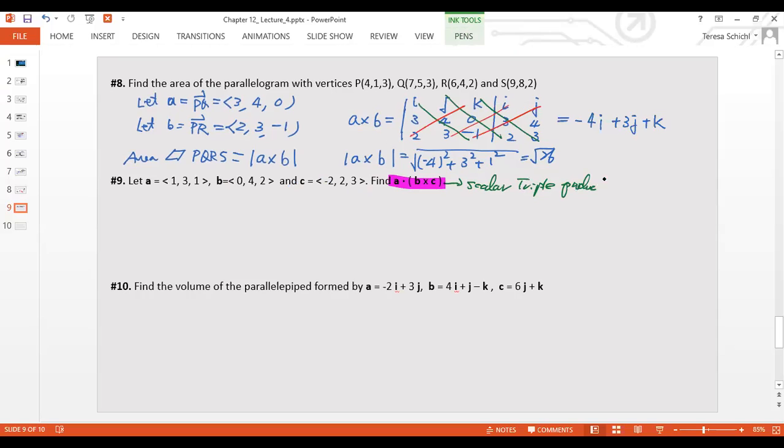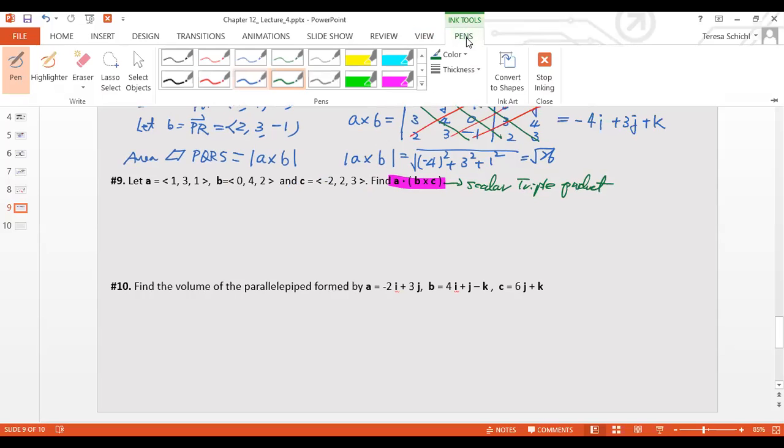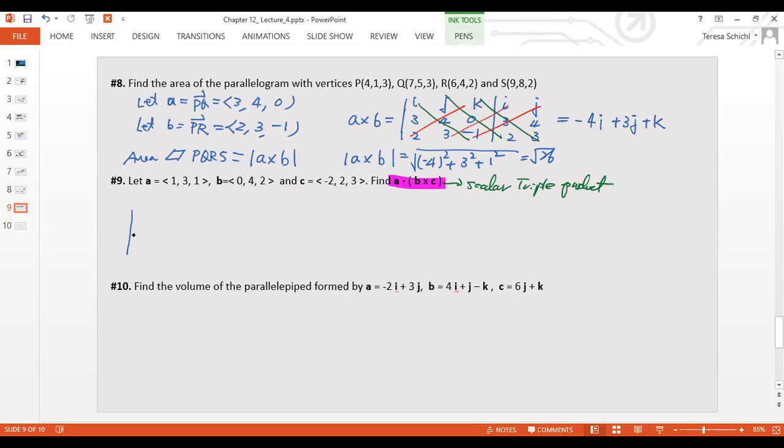So you put 1, 3, 1, 0, 4, 2, negative 2, 2, 3, and you just find the determinant of this matrix.